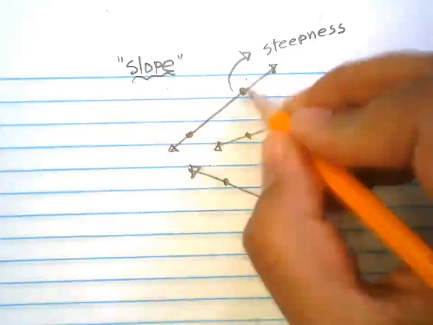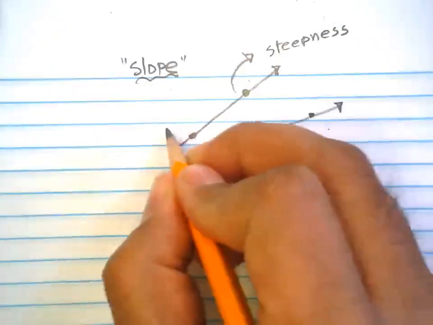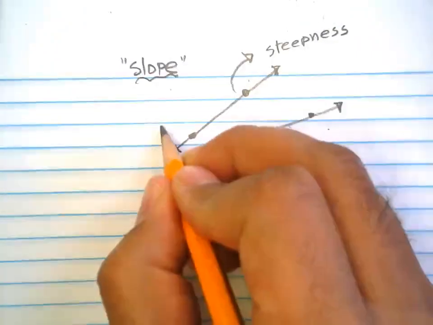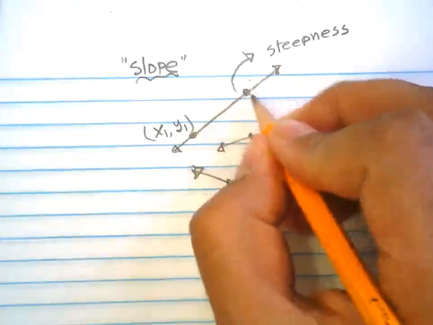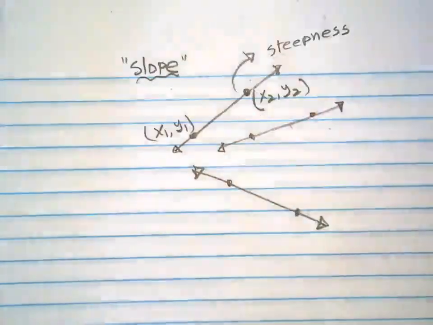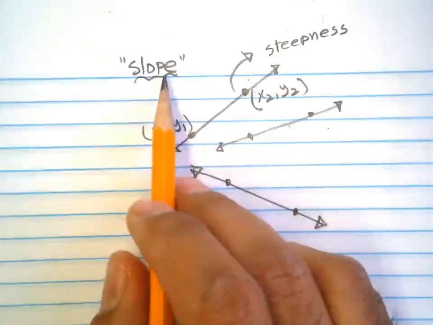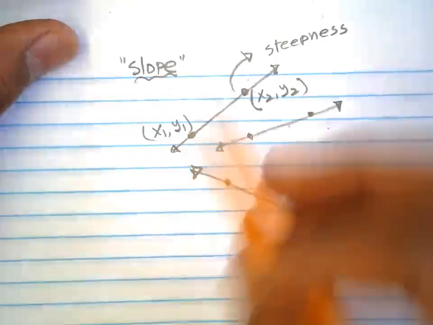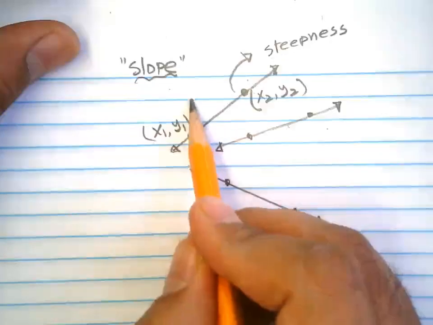If you pick any two points on a line, I'm going to call this one x1, y1, and this one x2, y2. Also remember, slope is rise over run.